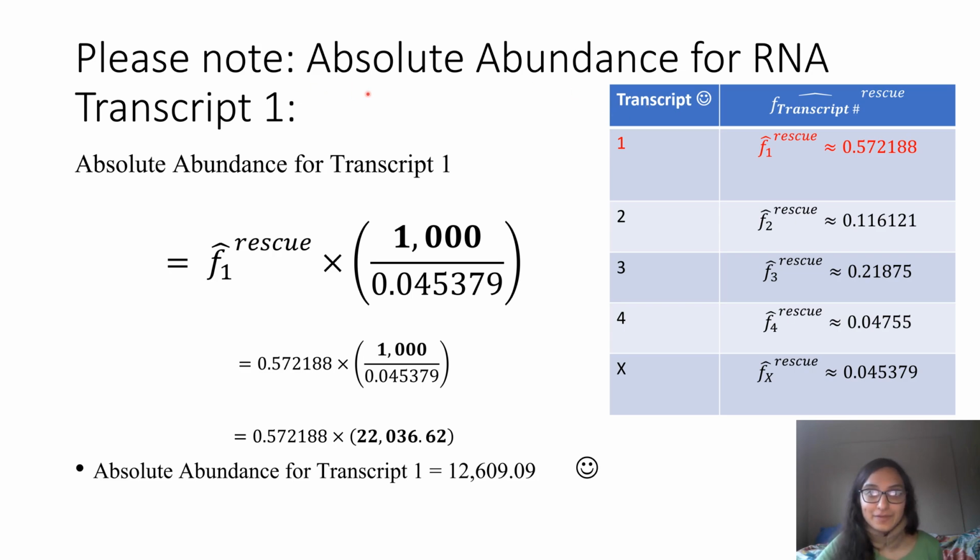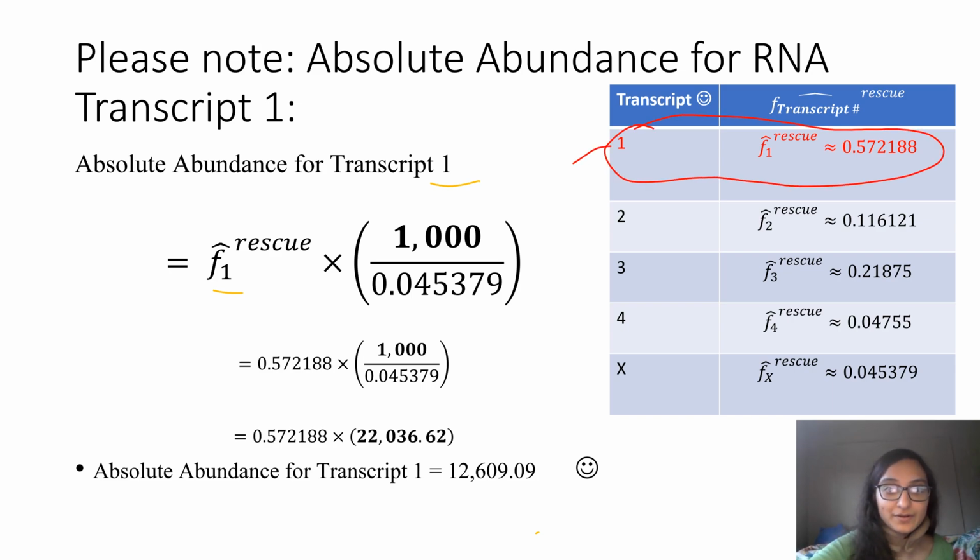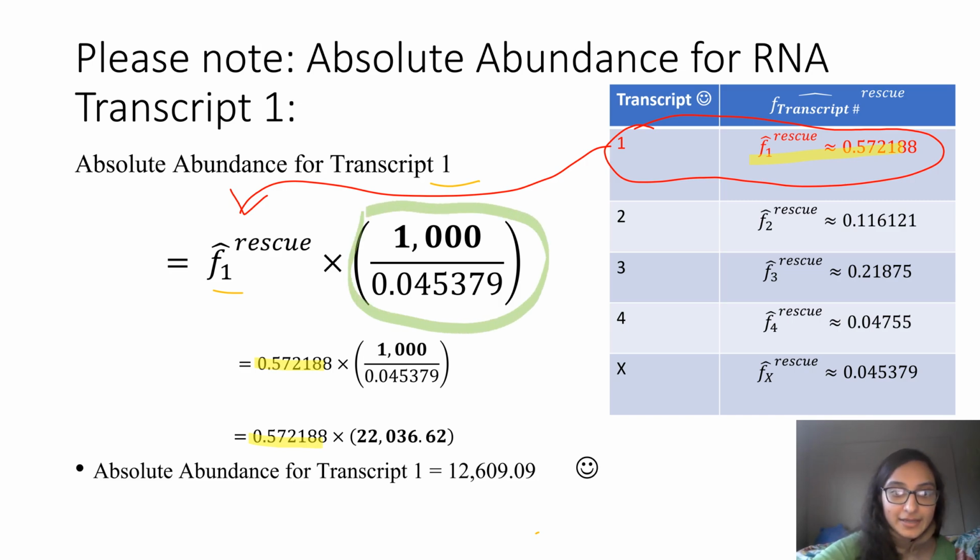Similarly, we can now use the same formula, and since it's transcript 1 that we're looking at, that's why we use f of 1 here. We take the relative abundance for transcript 1 and put it in here. And the scaling factor, once you put in the values, evaluates to 22,036.